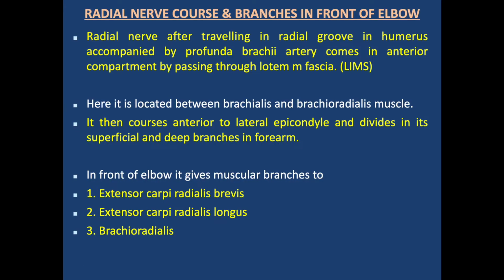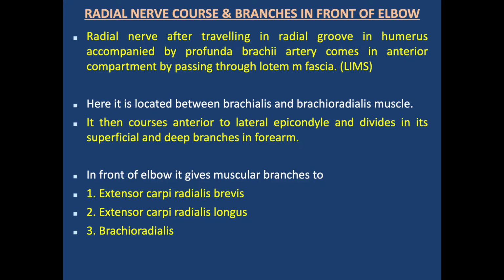Radial nerve course and branches in front of the elbow. Radial nerve, after traveling in the radial groove in humerus, accompanied by profunda brachii artery, comes into the anterior compartment passing through the lateral intermuscular septum, which separates the posterior and anterior compartment of the arm. Here it is located between the brachialis and brachioradialis muscle.